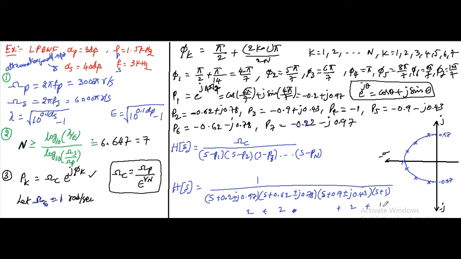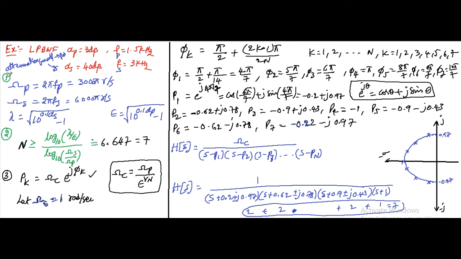Finally the number of poles is 7. So now finally I have written the final transfer function using 7 poles according to the given specification. This is the transfer function using Butterworth analysis, and this is considered a low pass Butterworth filter, and this is a standard procedure. So try to follow these steps.